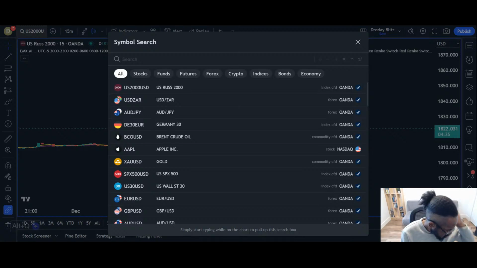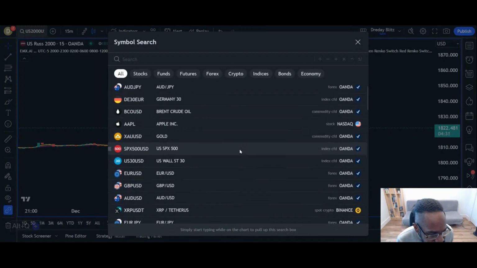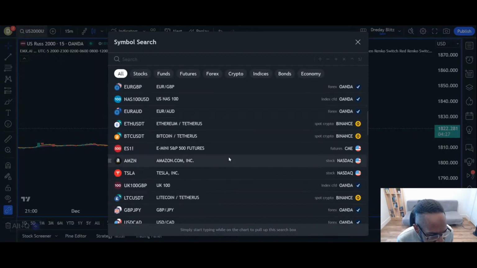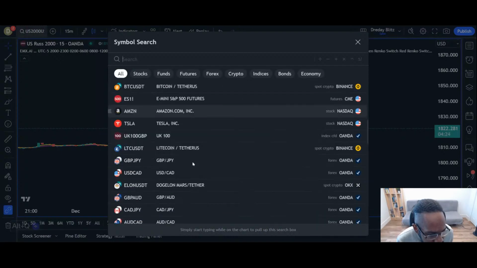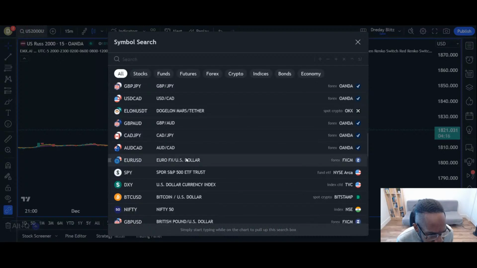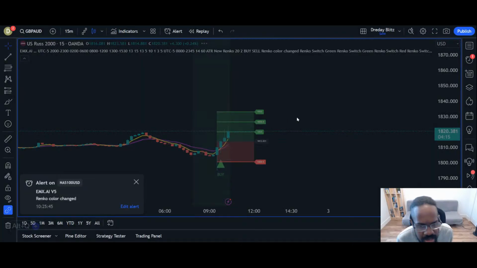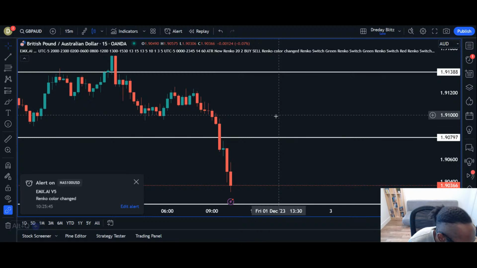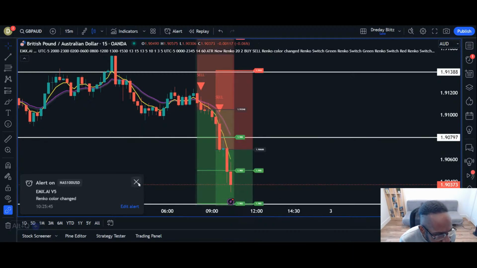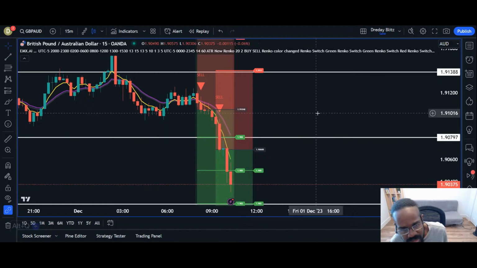So let's look at GBPAUD. Yeah, so we have a Renko switch on NASDAQ, so it's switching back to the opposite way.